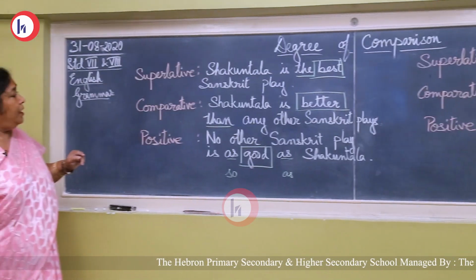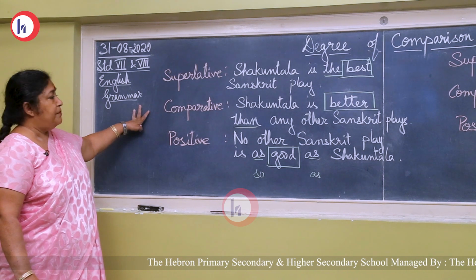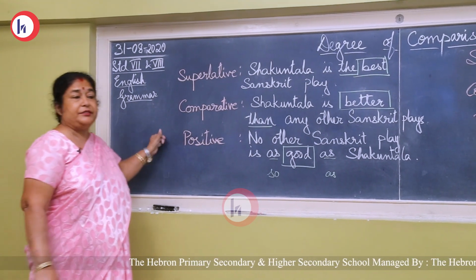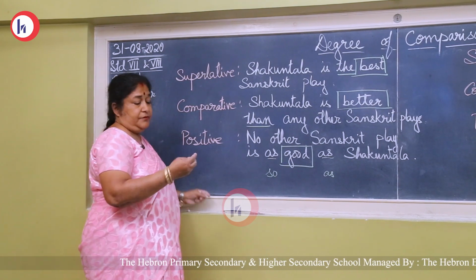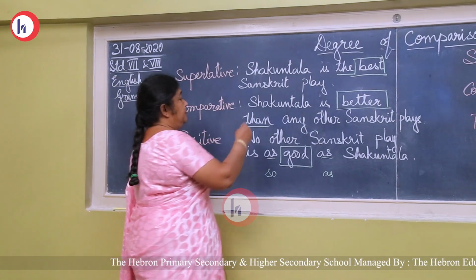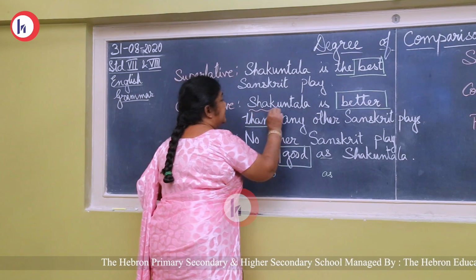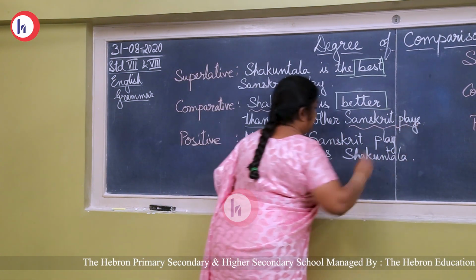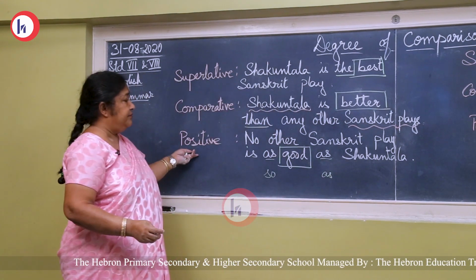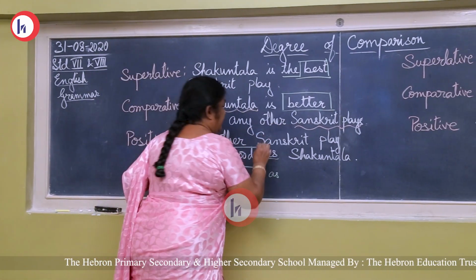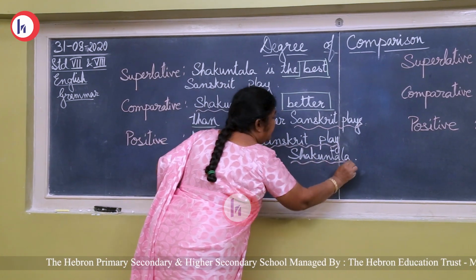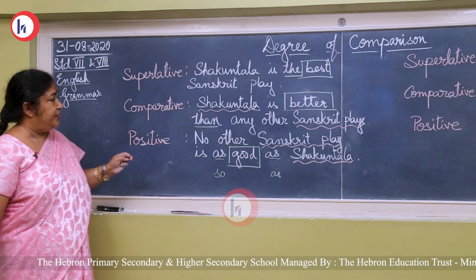Now, here let's see the comparative one. As I said, when we change from positive to comparative, we change what is compared. Here it is Shakuntala and here it is Sanskrit plays. So in positive, Sanskrit plays came first and Shakuntala came last, becoming the object.